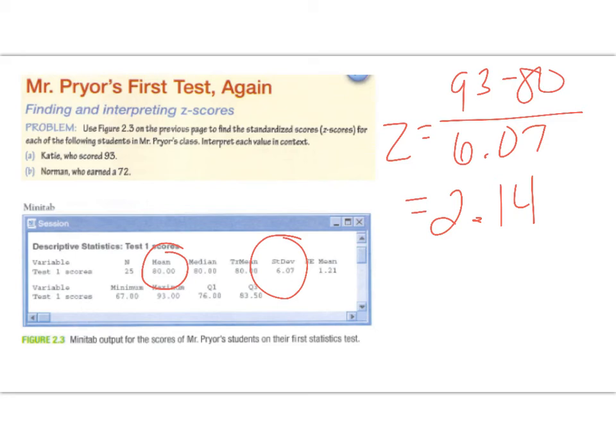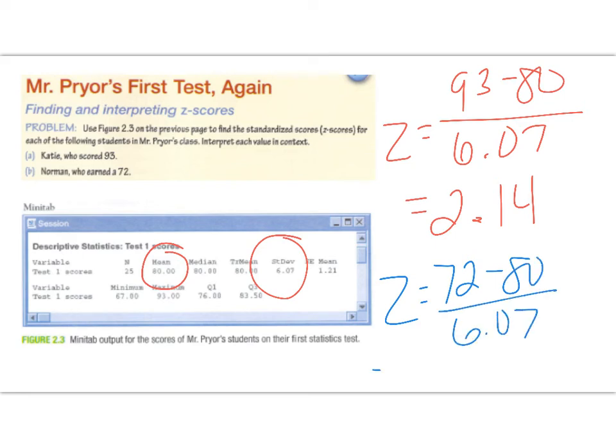Okay, so let's look at Norman then. So Norman was the one that got a 72. There was only one person that got lower than he did. So Norman's z-score would be, again, his test score minus the mean, which is an 80, over the standard deviation. Well, this time we get a negative number. We get a negative 1.32.